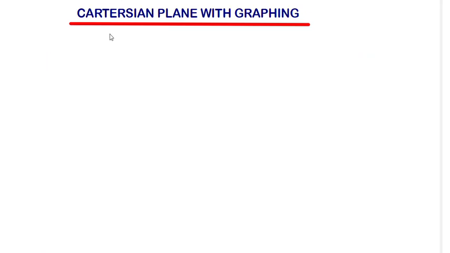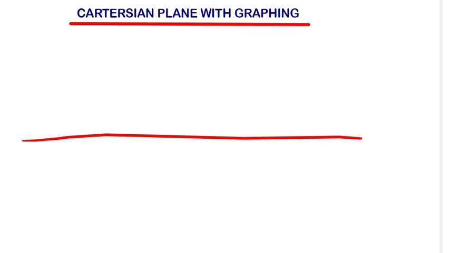Okay, so before we go into details, the first thing that you really need to know is what we call the Cartesian plane with the graphing. This part is very important when you're dealing with the graphing part, right?